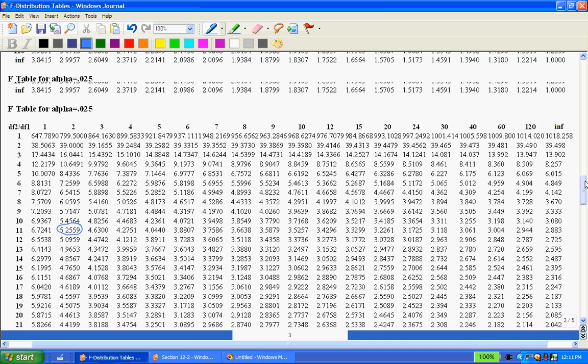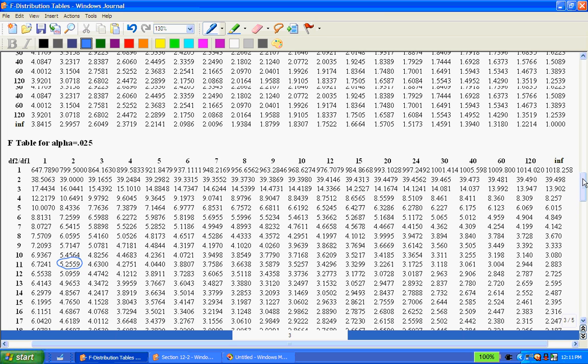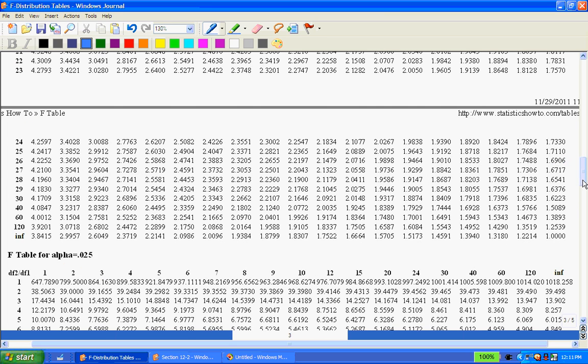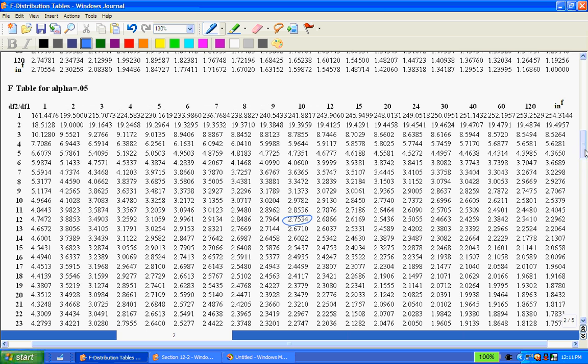0.05, let's go up here. Okay, there we are. 0.05, degrees of freedom 2 and 10. So there we are right there, 4.1028.